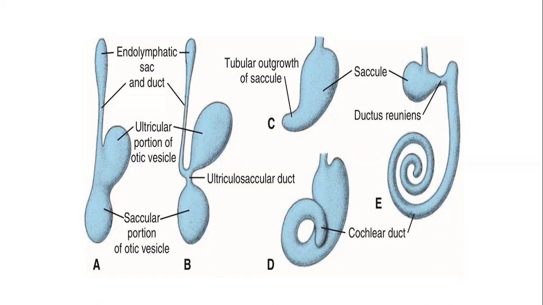This outgrowth, the cochlear duct, penetrates the surrounding mesenchyme in a spiral fashion until the end of the 8th week, when it has completed 2.5 turns. Its connection with the remaining portion of the saccule is then confined to a narrow pathway, the ductus reuniens.